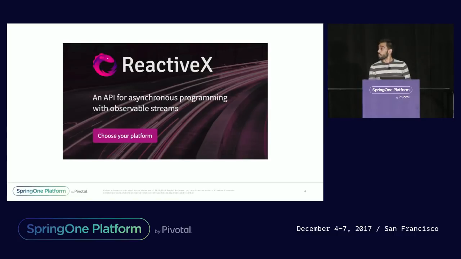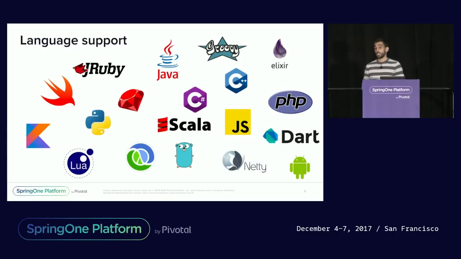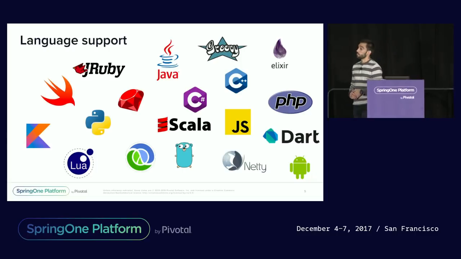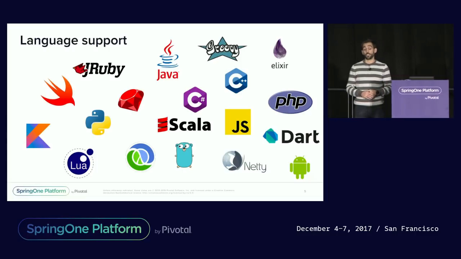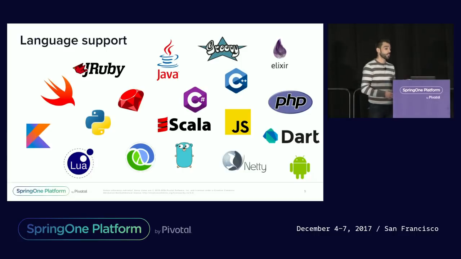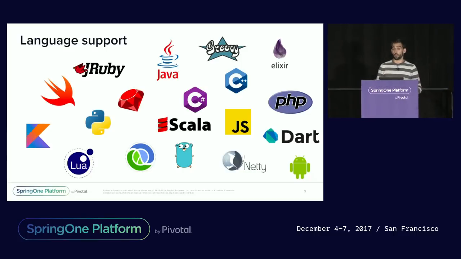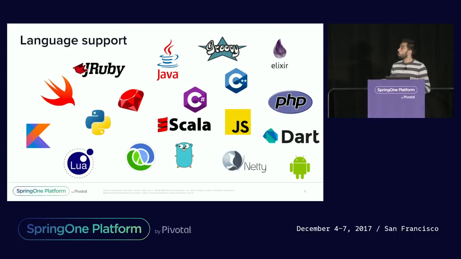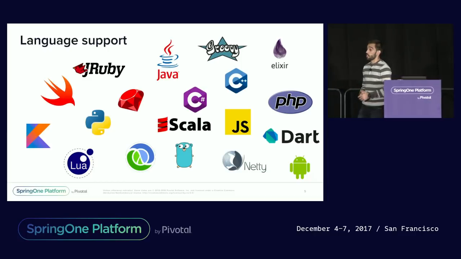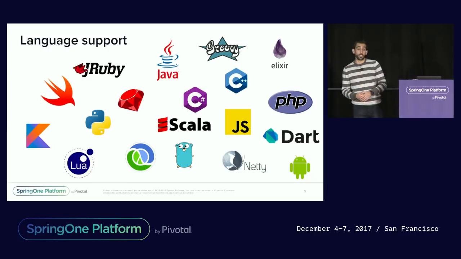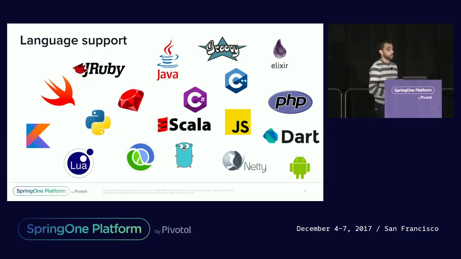And the reactive extensions actually come in different flavors, right? We have support for a lot of languages, and I guess that you may have heard about RxJava, which is basically the reactive extensions for the JVM, which Spring also supports in the backend, right? At the end of the day, RxJava also implements the reactive streams spec.